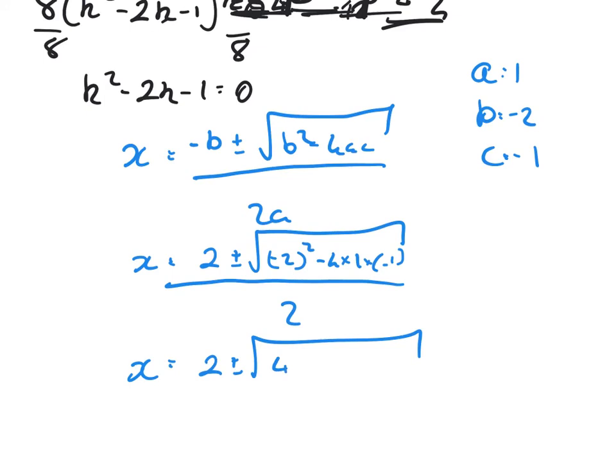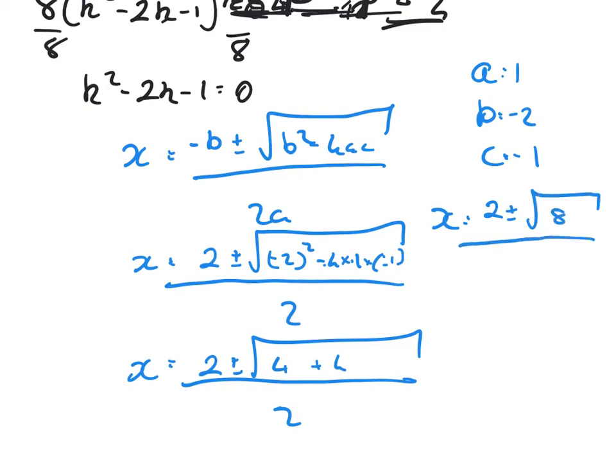Minus 2 all squared is 4. Minus 4 times 1 times minus 1 would be plus 4, all over double A. That's 2. Four plus 4 is 8, so inside the root is 8. And then that would be 1 plus or minus root 8 over 2.